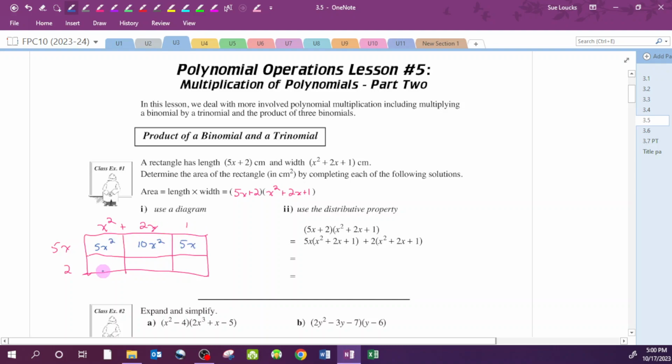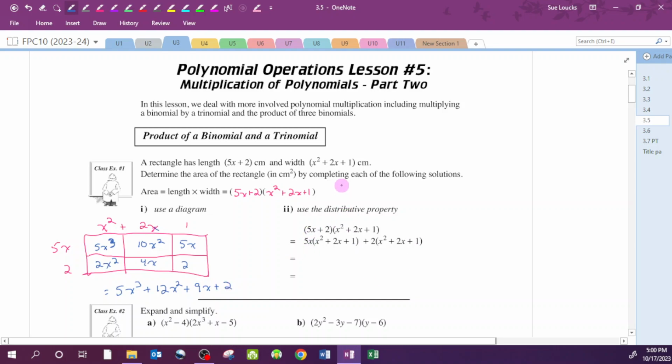This gets 5x. This is 2x squared. This is 4x, and this is 2. So my sum is going to be 5x cubed plus 12x squared plus 9x plus 2.